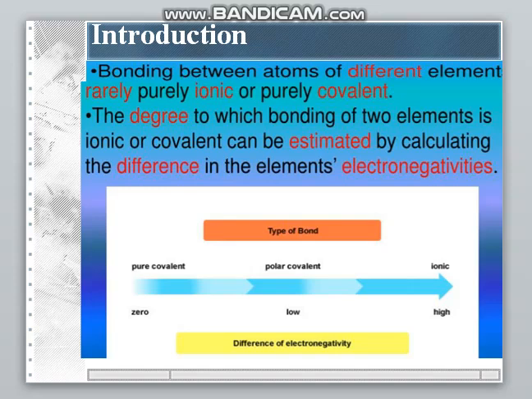Bonding between atoms of different elements is rarely purely ionic or purely covalent. The degree to which bonding of two elements is ionic or covalent is estimated by calculating the difference in the electronegativities of the bonded atoms.